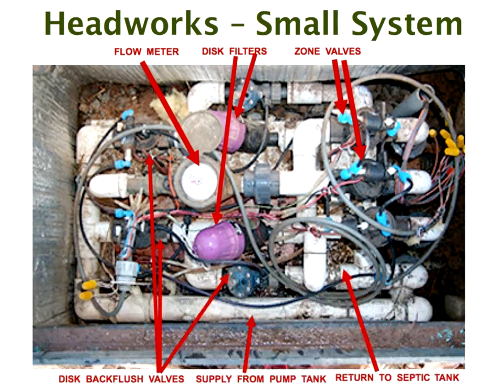Then you get headworks. This is a headworks for a small system. It's got 2 disc filters, as you can see here and here. The one is set up to backwash the other with various valves that are cross-connected, so the one backwashes the other.